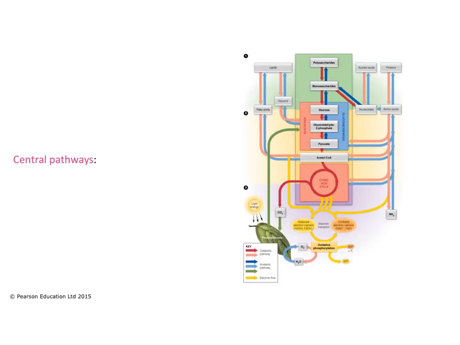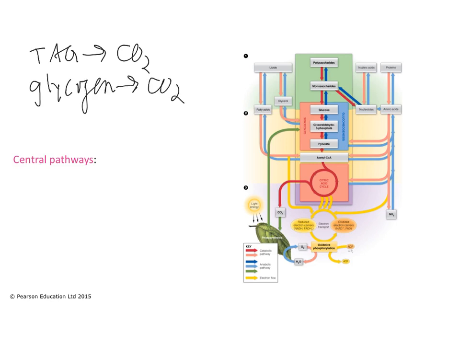Okay, so the breakdown of a TAG isn't just going to occur. Breakdown of TAG to CO2 or glycogen to CO2 isn't going to happen in just one step, in one reaction. There are many, many, many, many steps. And all of those steps are housed within central pathways.